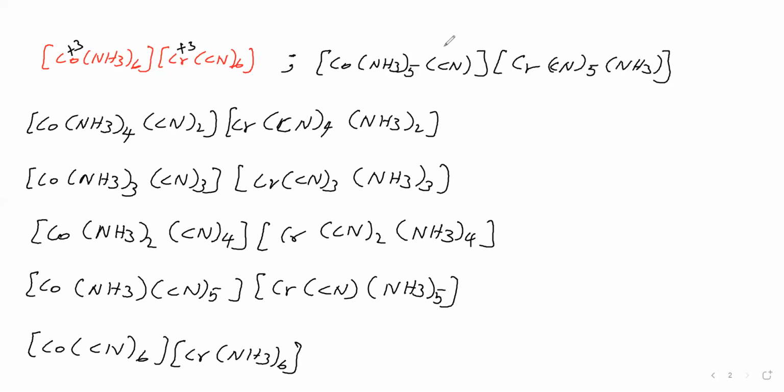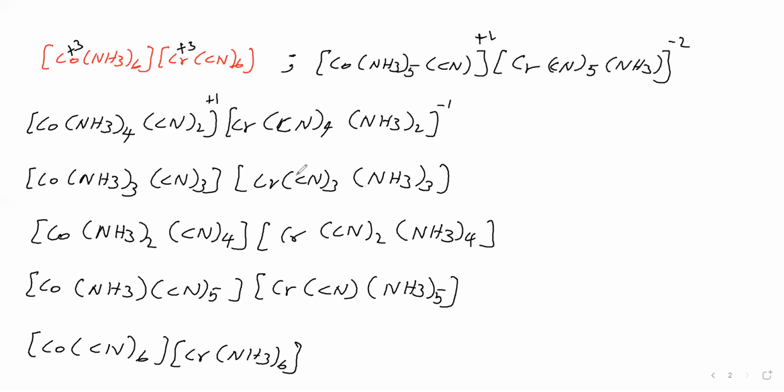Now in this one, this is cation. In this cation net charge is +2. This anion charge is -2. Here cation charge is +1, anion charge is -1. Here it is not cation, it is not anion. This is one separate complex compound.